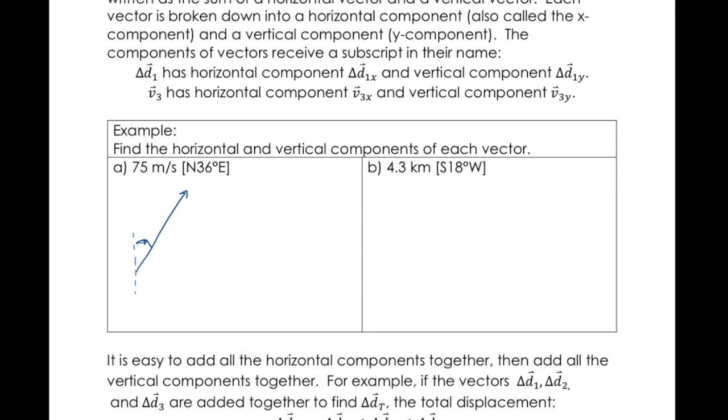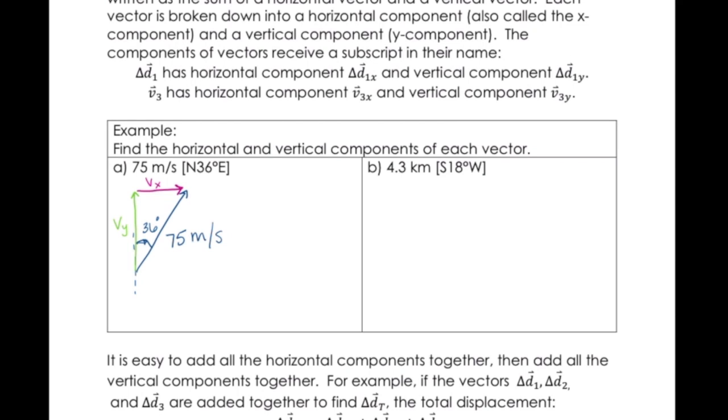So this will be 36 degrees, and it's 75 meters per second. We want to know this: we'll say this is our vector y component. And then we have this part, and this is our vector x component, or the horizontal component.